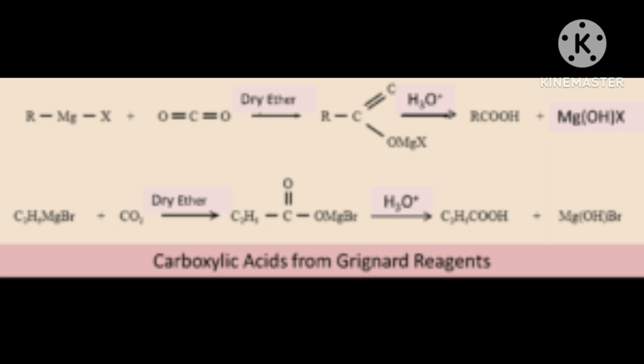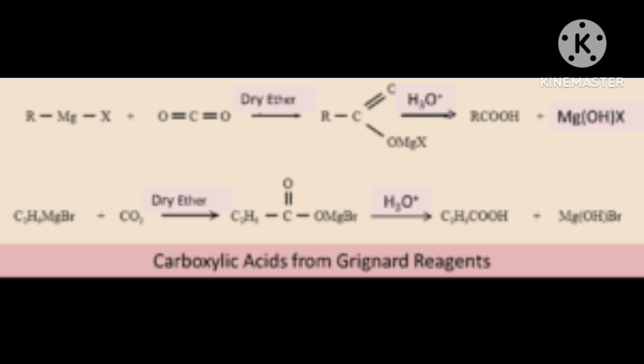Correct? Then now you got RCOOH, the main product, and O negative. Here what will come? H plus from water will join, and it will form MgOHX. In the place of O minus, H will join.